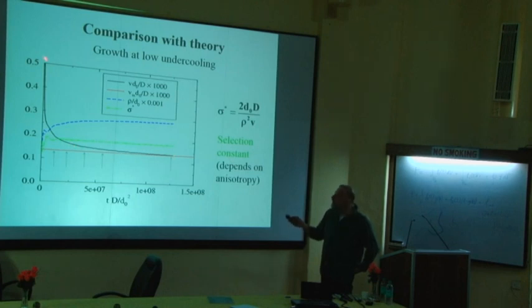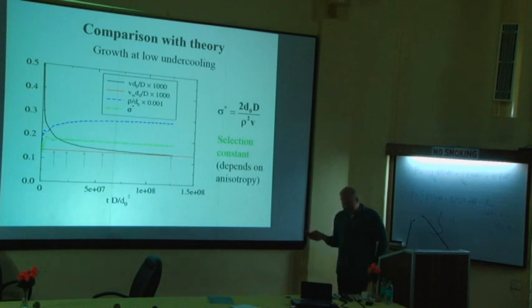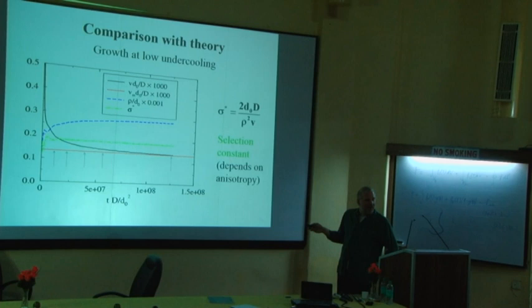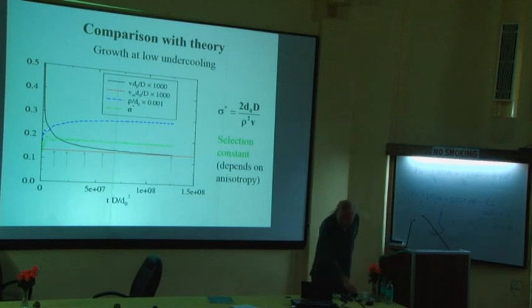That's what you find in the simulations. Our simulation is the black line. The red dotted line here is a prediction of what is called solvability theory that predicts the steady state dendrite tip velocity as a function of the anisotropy, and you see that we very nicely converge to the predicted value. So the model can quantitatively describe dendrite growth.